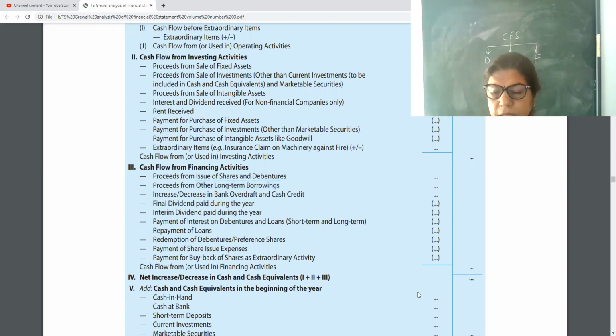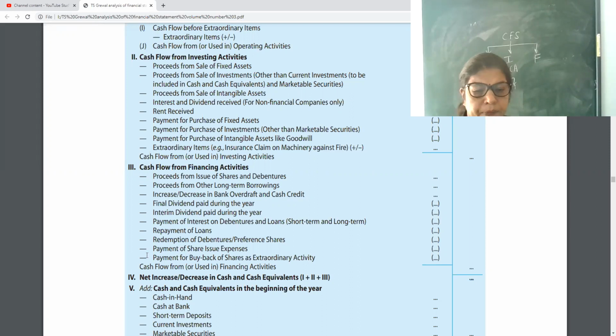This shows how much amount has increased or decreased. Net means all the three activities, operating, investing and financing, and finally how much is the exact net inflow or outflow.